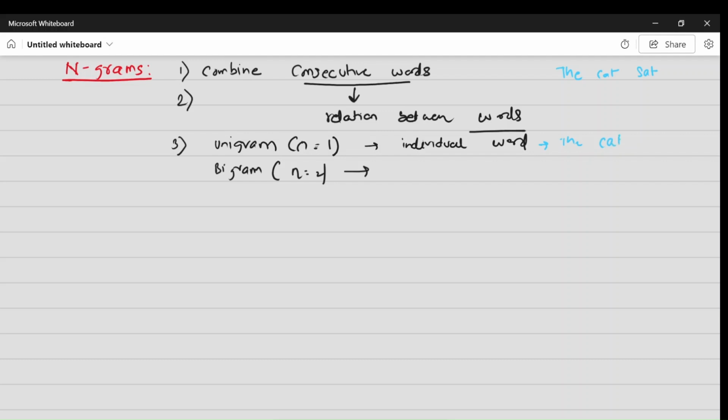In the bigram, I combine two words. First I'll take the cat, then the sat, after that the cat and sat. This way we are taking the bigram.